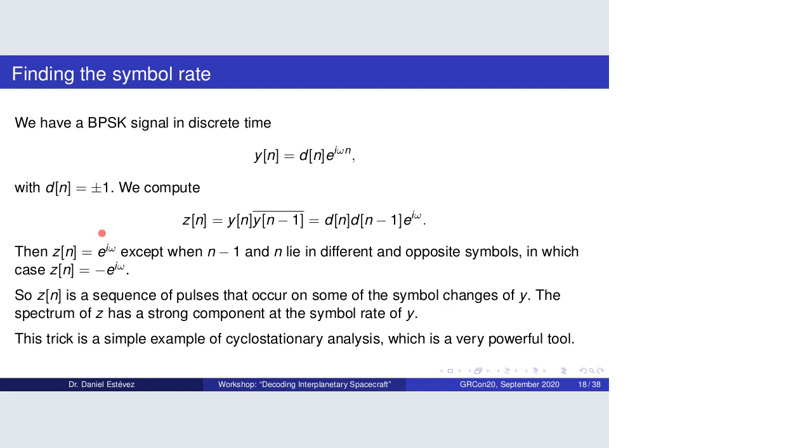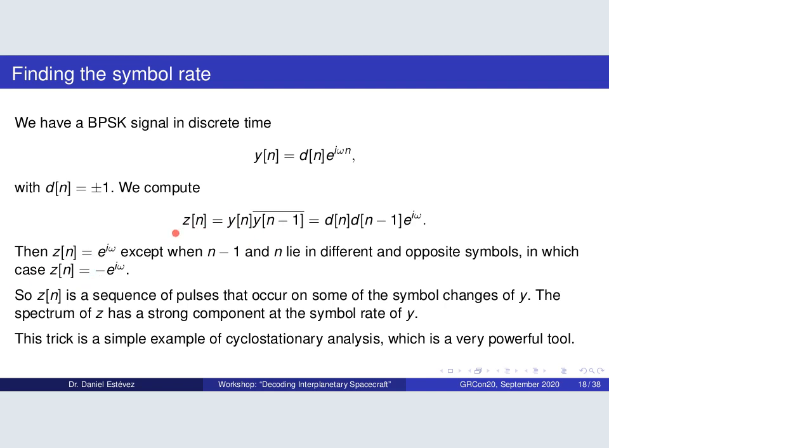The idea here is that often y of n and y of n minus 1 lie on the same symbol. So when you multiply, then here you get a real and positive number. But when y of n and y of n minus 1 lie on different symbols, say this is a plus 1, this is the symbol before, which was a minus 1, then we have plus 1 times minus 1, which will give you a minus sign.